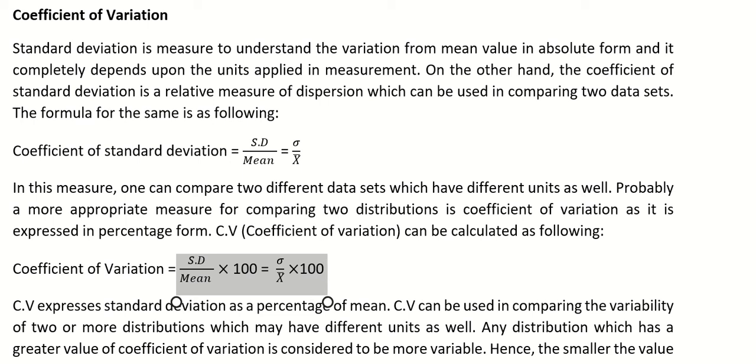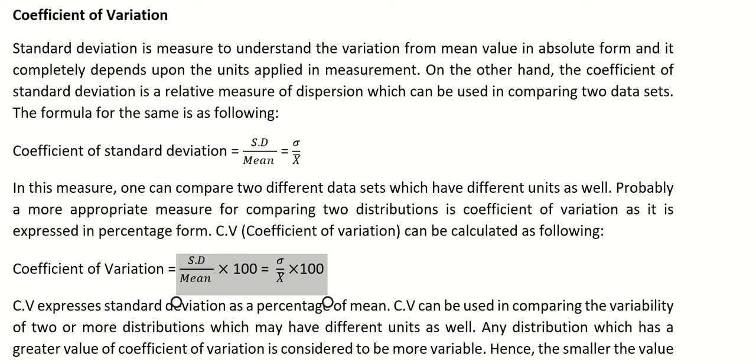Okay. So we have discussed three things here. First is the standard deviation, which shows the variation from mean value. For example, in a class of 100 students, the mean marks is 50. But there are students who have scored 90 marks, who have scored 80 marks. So 50 and 90 is quite far away. So we can say that 50 is not an adequate representation of the data, right?